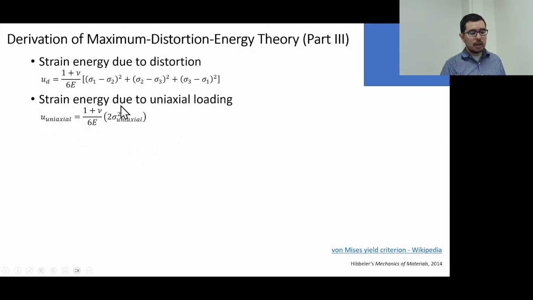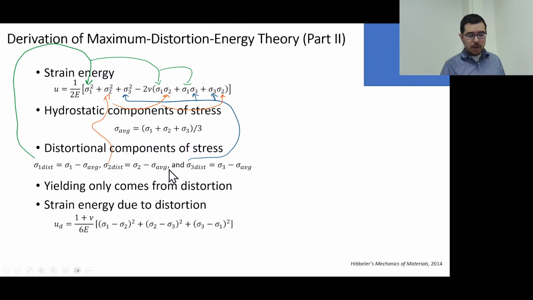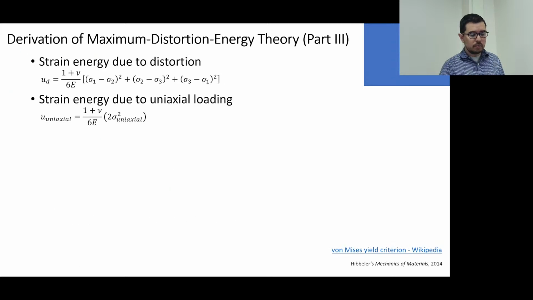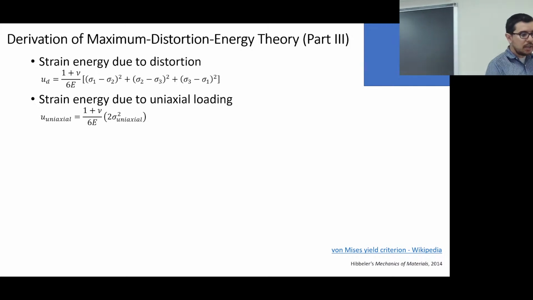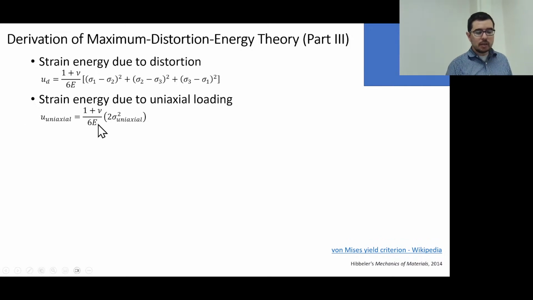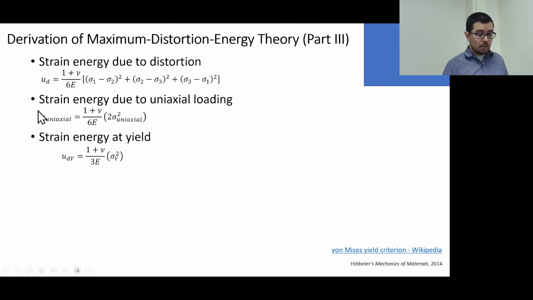And then I can compare. So I do my tensile test, and I figure out, okay, it's 100 megapascals of stress. I now figure out my strain energy density based on the elastic modulus and the Poisson ratio. And this is now my new strain energy density for failure. And so I can write it out the same way.